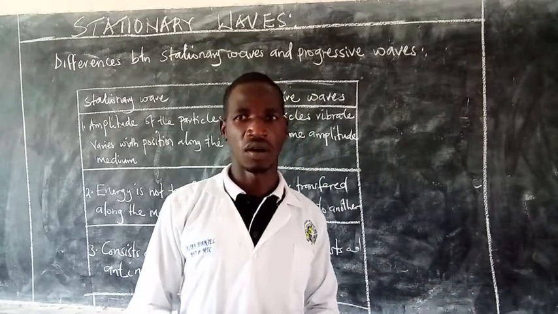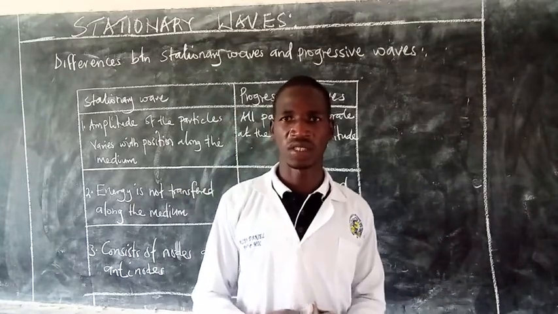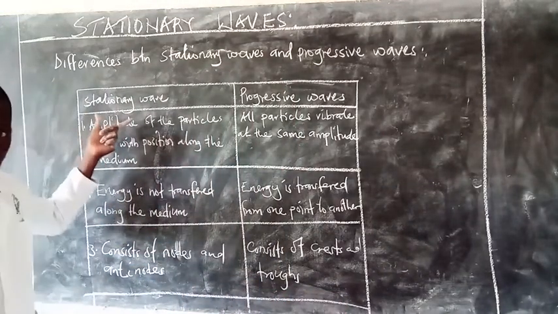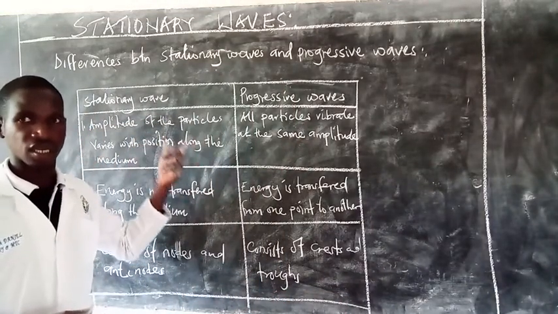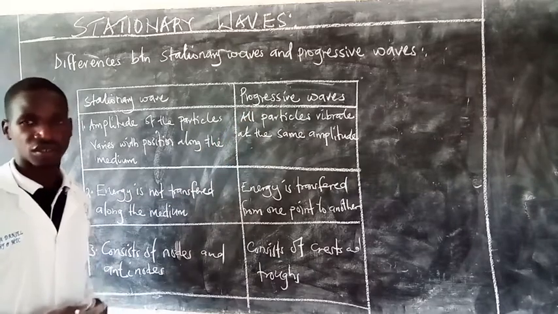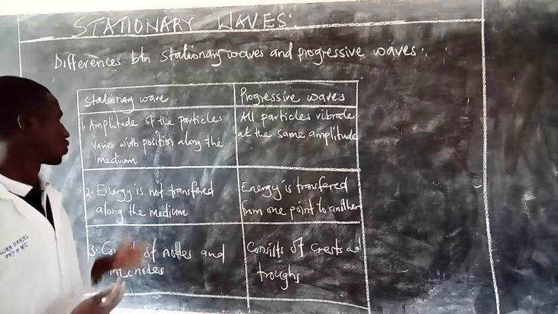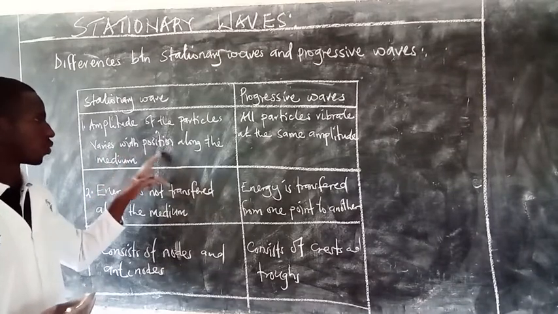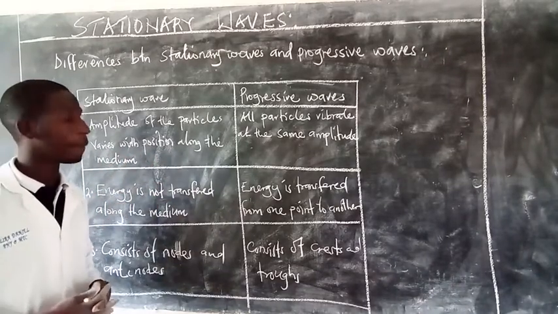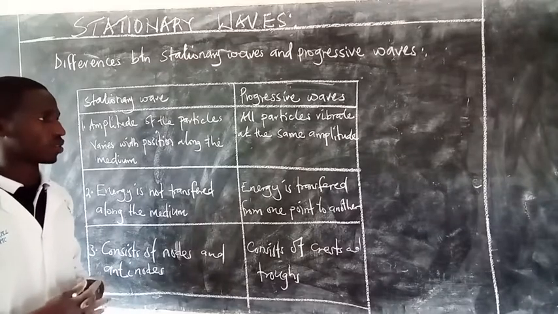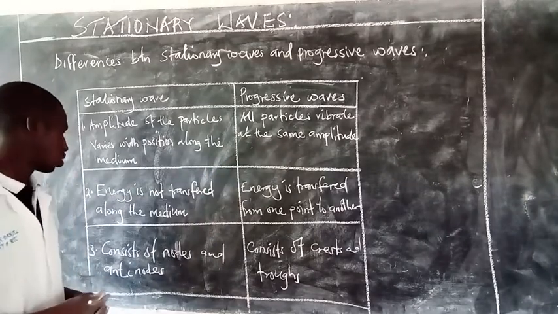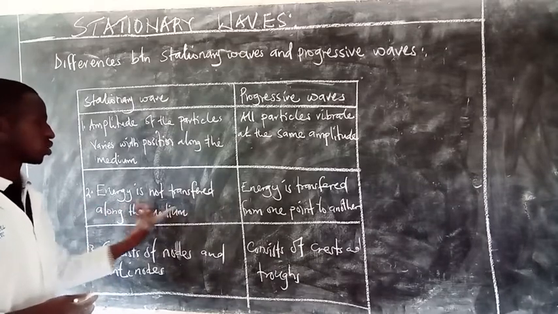So the table below shows the differences between the two. We have stationary waves on one side and progressive waves on the other side. On this side we are saying that the amplitude of the particles varies with position along the medium, and on the other side all particles vibrate at the same amplitude. Next is that the energy is not transferred.